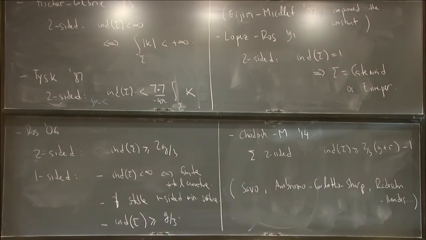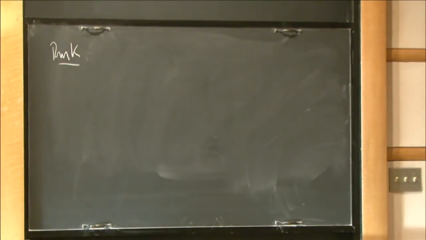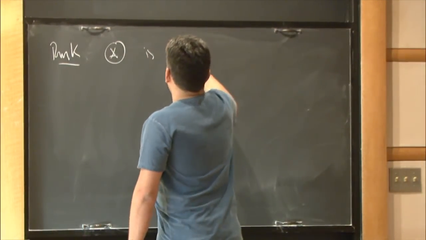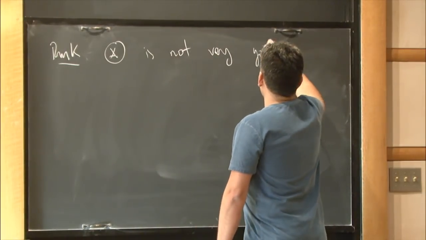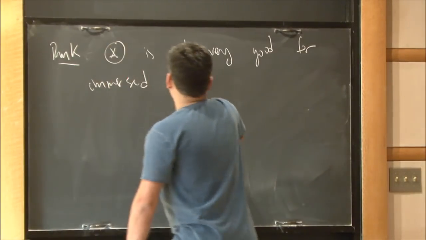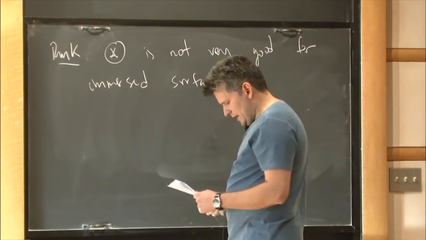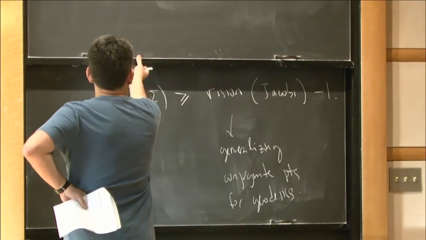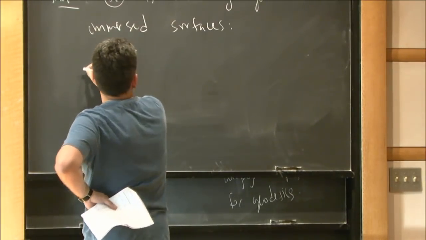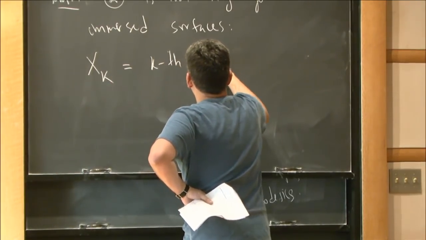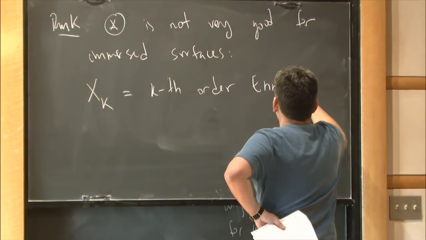So for example, the remark: this bound, let me call it star, is not very good for immersed surfaces. For example, there is a generalization of the Enneper surface. Can't believe that I erased it. So this is the kth order Enneper surface.